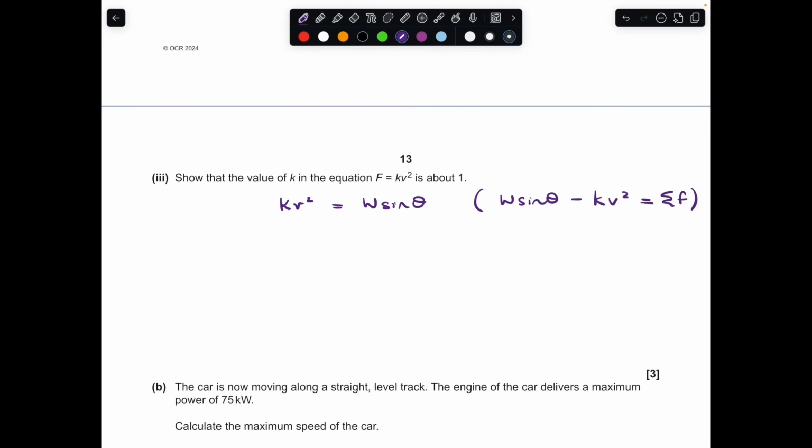So we can work out the value of k using 9,300 newtons times sin 5 degrees divided by the maximum speed, which is 30 squared, and that will give me 0.9 or 1.